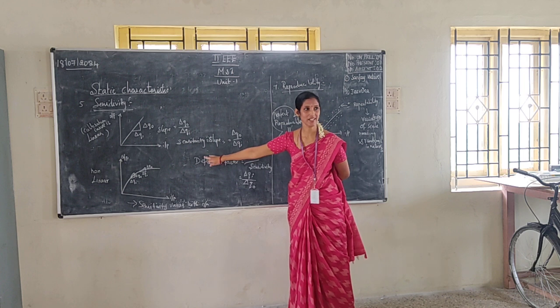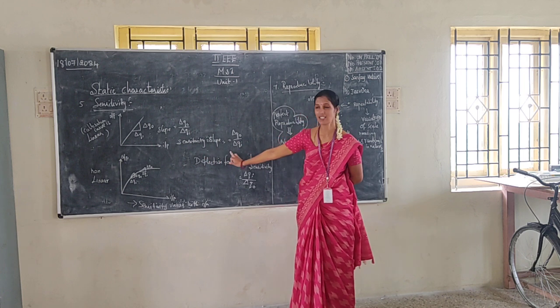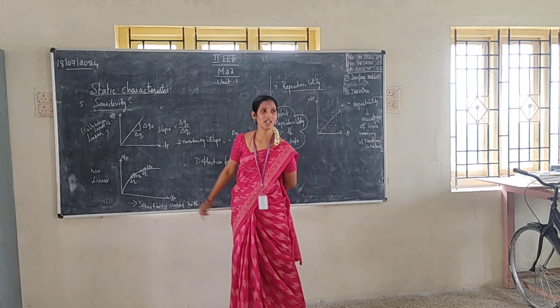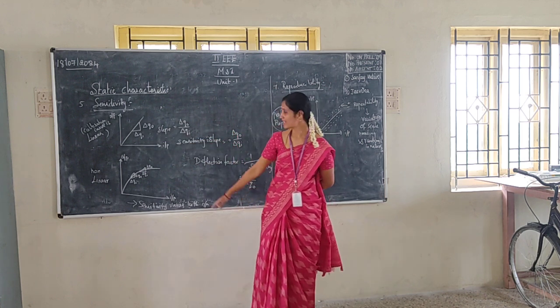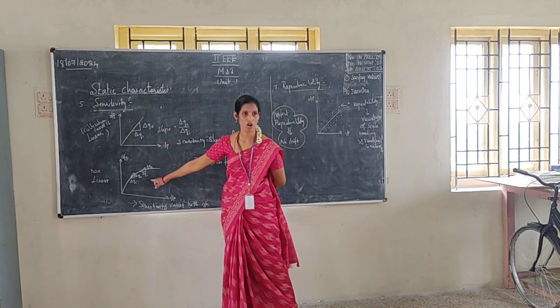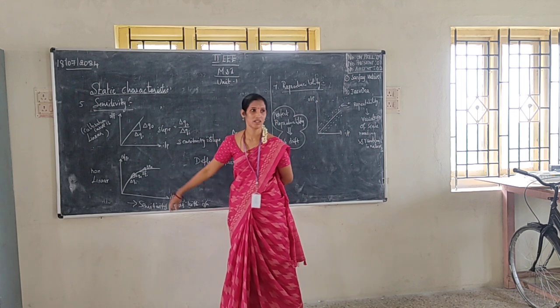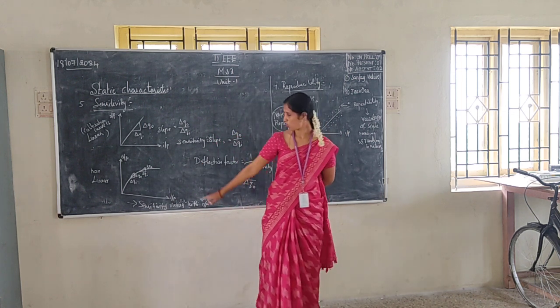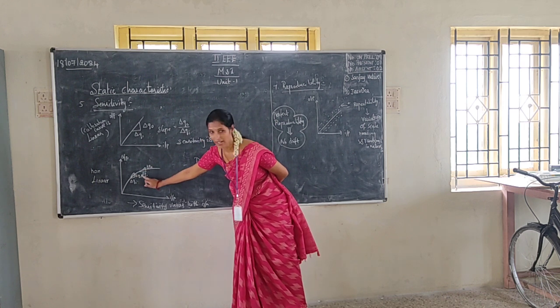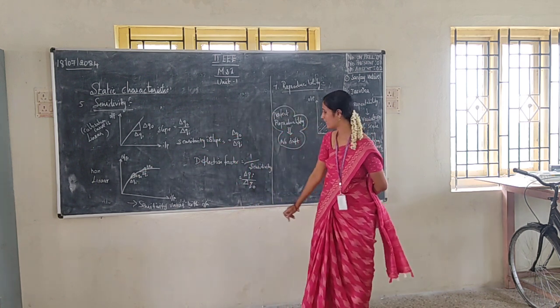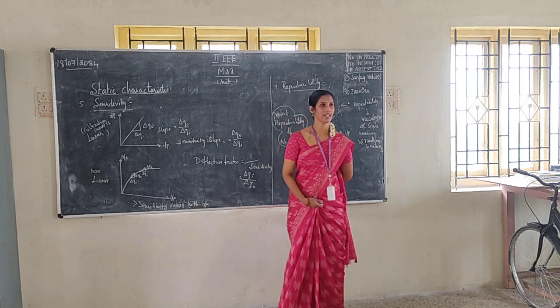If linear, the sensitivity is measured as the ratio del Q0 divided by del Qi. If non-linear, the sensitivity varies with the input, so the slope varies everywhere over the variations of input and output.